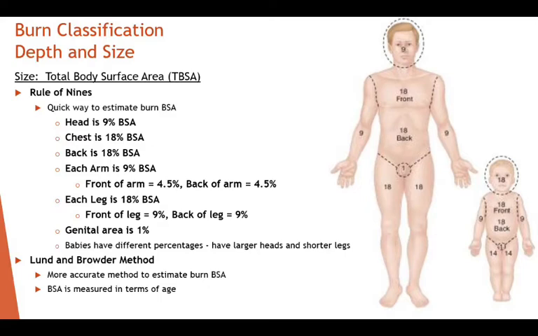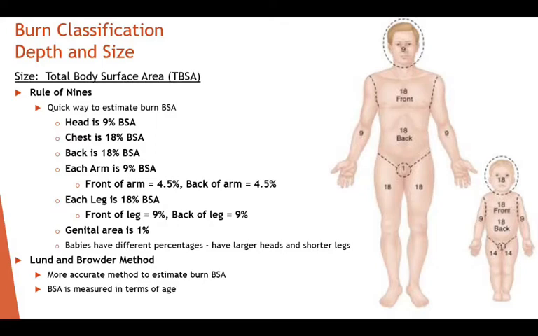The large portions of our body count for 18. So the front chest and torso is 18. The back is 18. The long legs of the human are 18. The arms are shorter and are 9, the head is 9, and the genitals are 1.